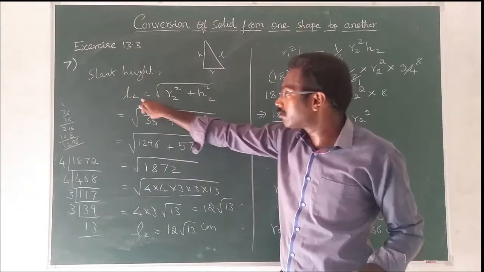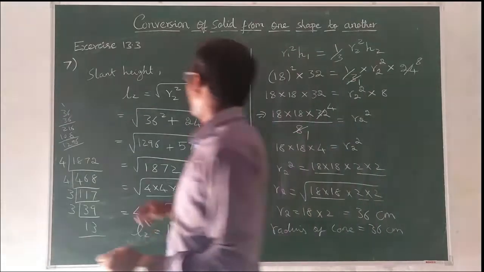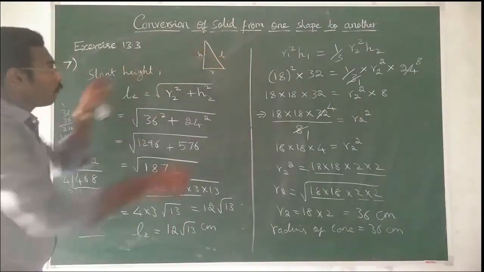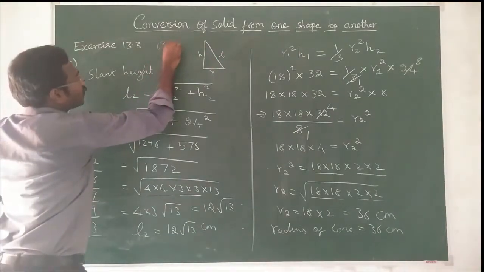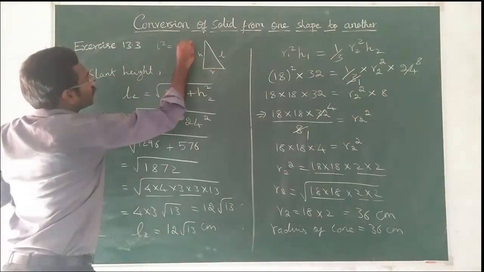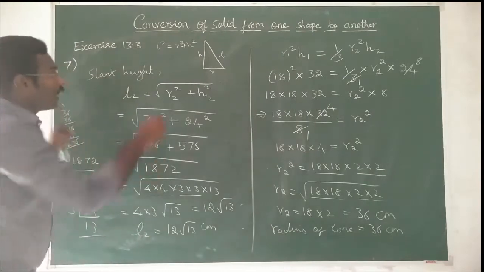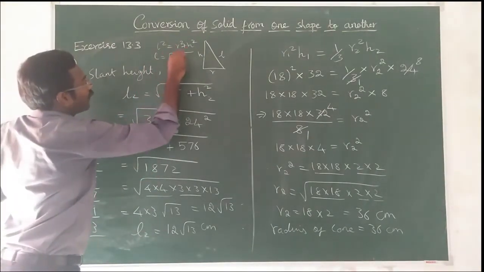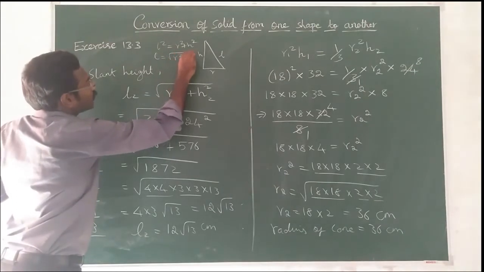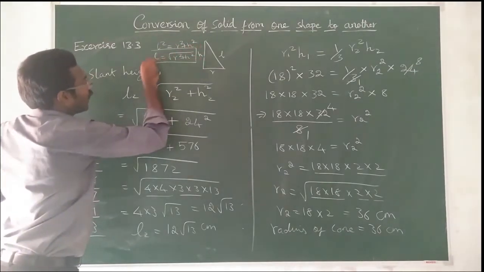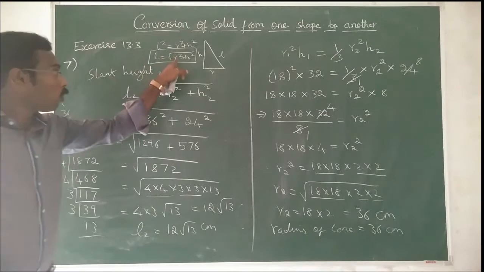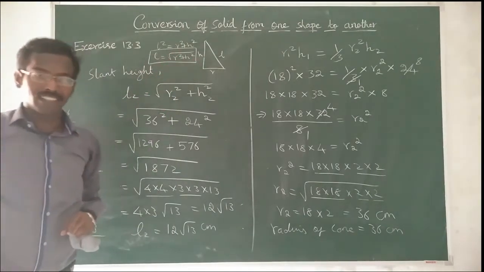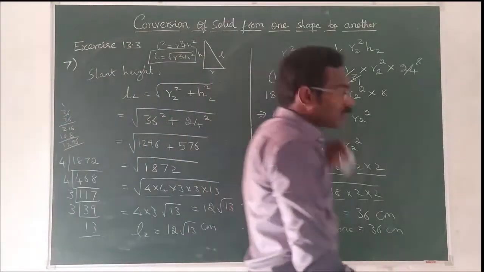Please note this formula: based on the Pythagoras theorem, L square is equal to R square plus H square. We want L, so the square goes to the other side and becomes square root. L is equal to root of R square plus H square. R is the radius, H is the height. It's easy, isn't it? Please note it down.